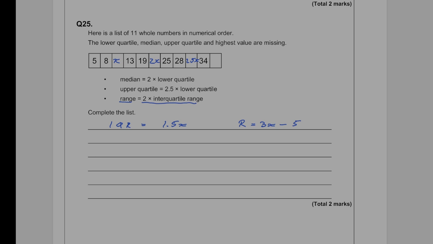Okay, so I'm going to start doing kind of a little bit of trial and improvement. We've got more than whole numbers in numerical order. Okay, so this value can only be 8, 9, 10, 11, 12, 13. And it can't be 8, it can't be 9.